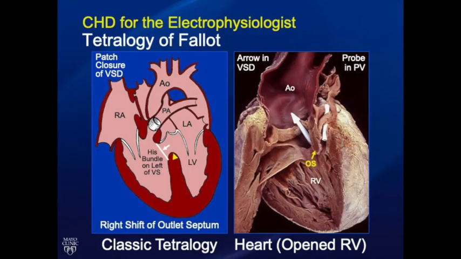Tetralogy of Fallot, the compact AV node location, unless there are other anomalies, is not that different, but one word to keep in mind for catheter manipulation: it's also much easier to record on the left side. Part of this is because of the septal defect. The second is this rightward tilt of the outflow septum that makes it very hard to balance the catheter and record a His bundle from the right side.